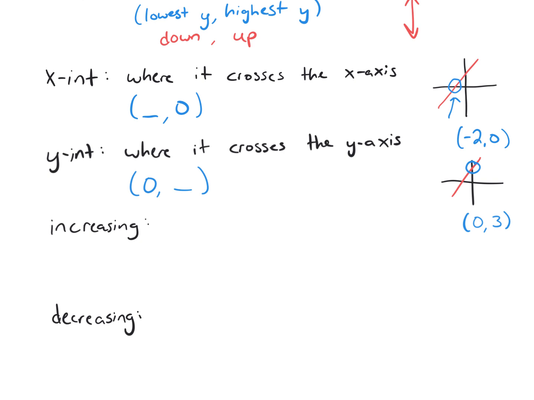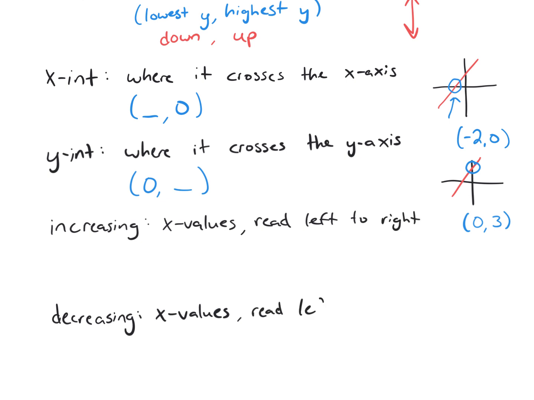Left to right. So we want the X values. And this is for both of them. X values, we read left to right.